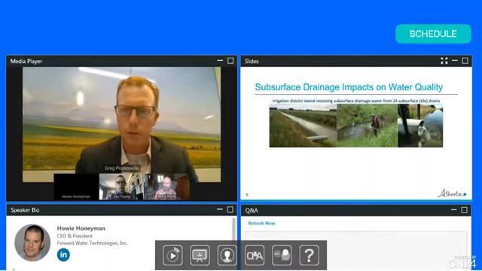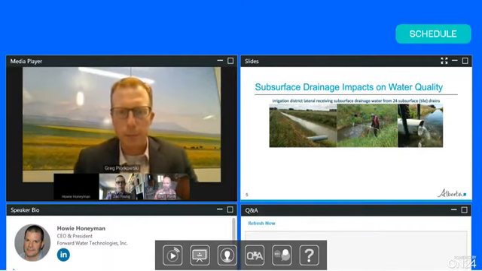I'm just going to go over a very brief case study in the Taber Irrigation District in southern Alberta. There's been a lot of uptake of subsurface drainage in that area to help improve crop production and limit the effect of flooding or excess water in the rooting zone. In this particular lateral, which is kind of a return system for irrigation water, they are receiving about 24 tile drains into that system.